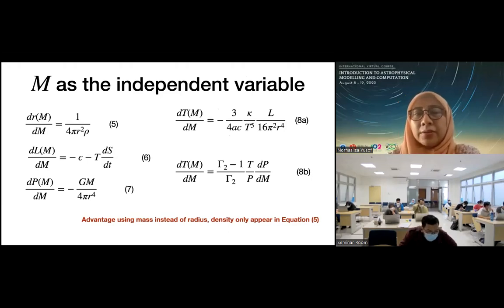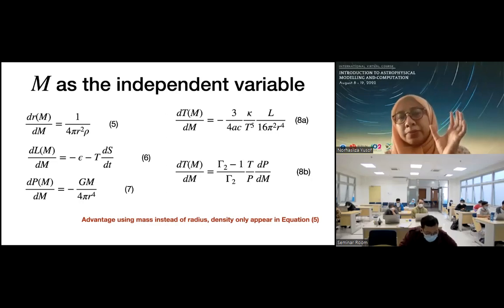Because density also changes when we change the mass or radius, this simplifies our calculation and optimizes our numerical work, because the density will only change when we calculate the rate of change of radius. The density must remain an important parameter in the star, because if you calculate it wrongly, it will affect all the equations.